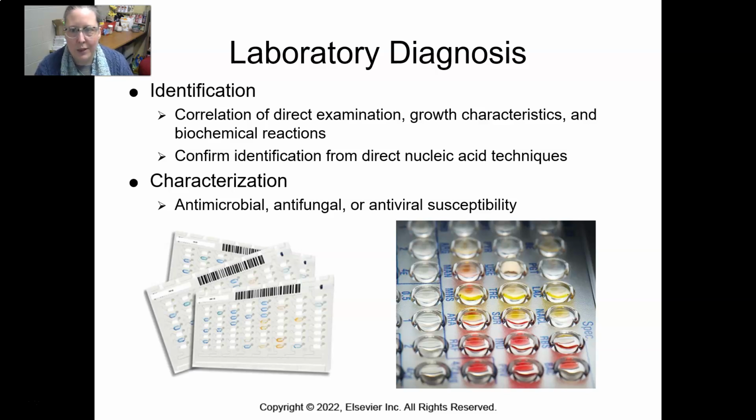But then we can also get antibiotic susceptibility in some of these panels if they're set up, obviously. We can also characterize them by their antimicrobial, antifungal, or antiviral susceptibility to know what the best treatment will be for the patient, but it can also give you clues as to the identity of the microorganism.